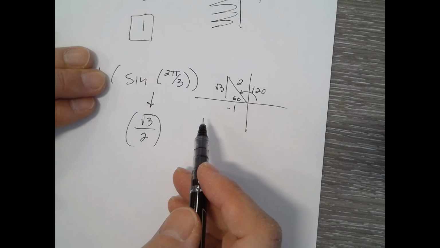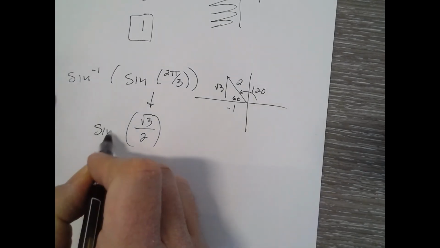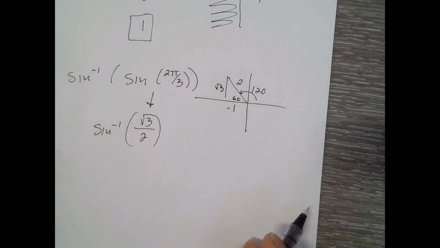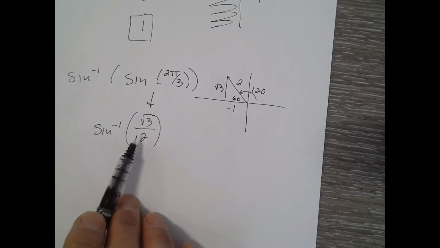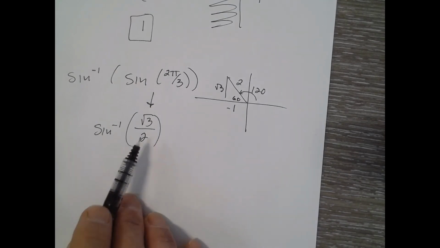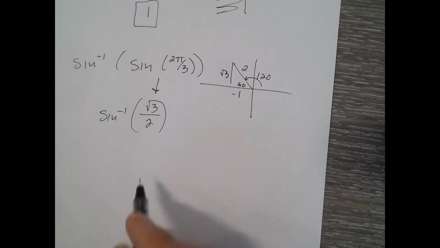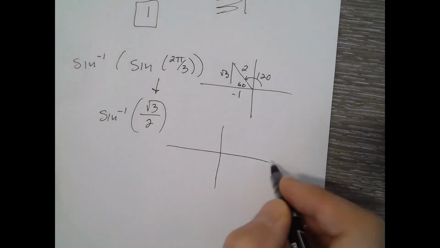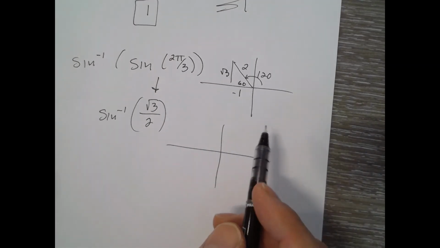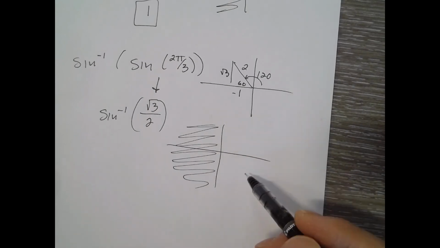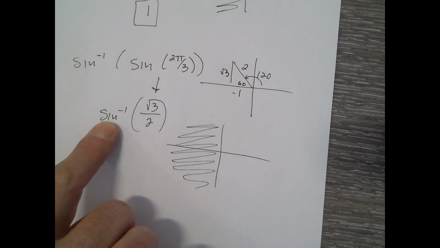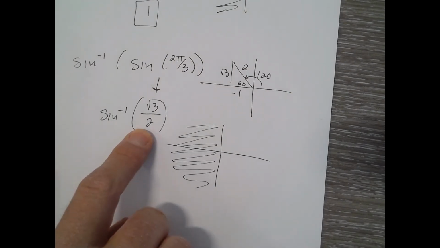Now we have to find the inverse sine of it. Because it's a quadrant thing, inverse sine is positive in what quadrant now? Remember, we're back to inverse now. Inverse sine, what quadrant is it positive in? Quadrant 1, because it only exists in 1 and 4. So what angle has a sine of square root of 3 over 2?